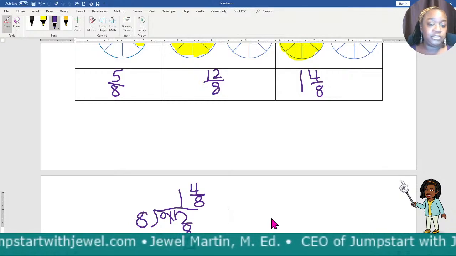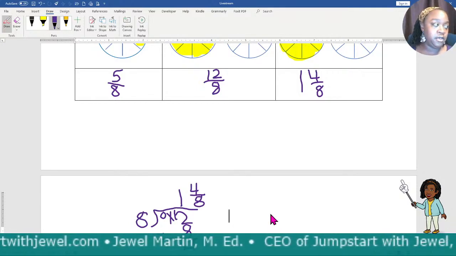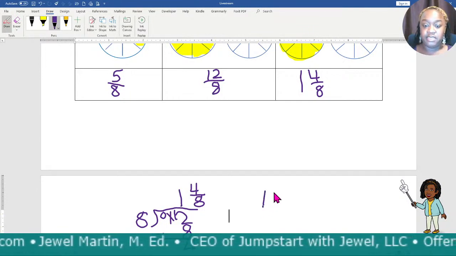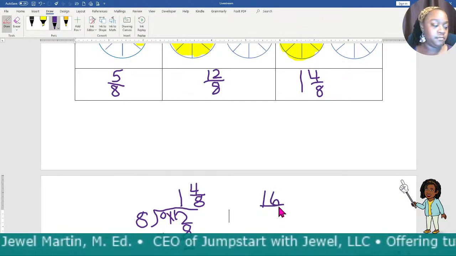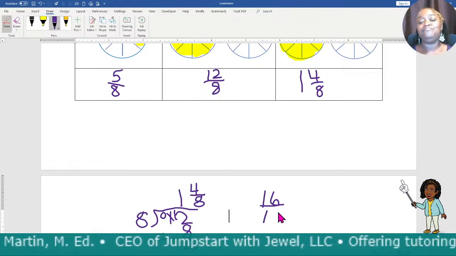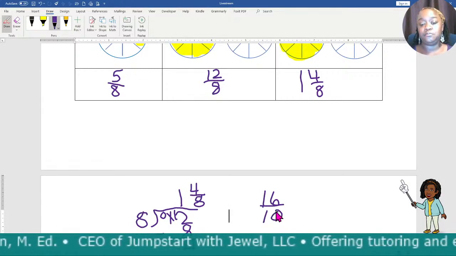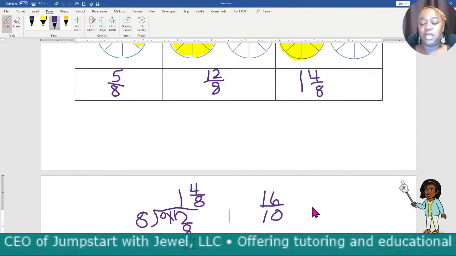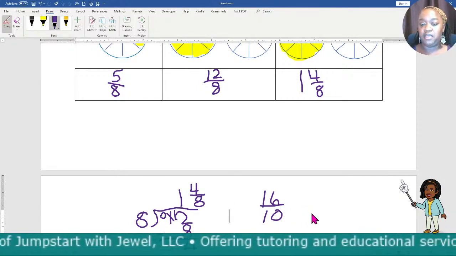Let's try another one. So if I had an improper fraction of, let's say, 16 tenths, and I wanted to divide.